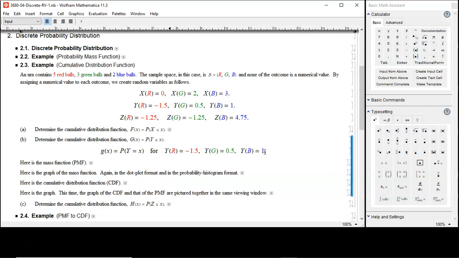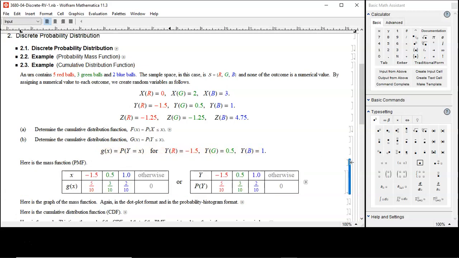Okay, here we go. And what is the PMF, probability mass function? That should be easy. We have negative 1.5, 0.5, or 1. And those are three possible outcomes, and otherwise impossible.